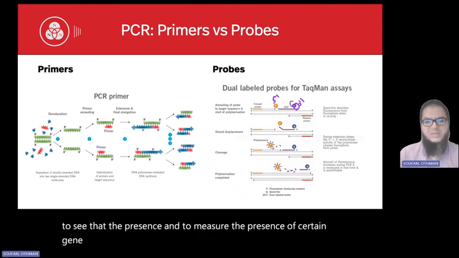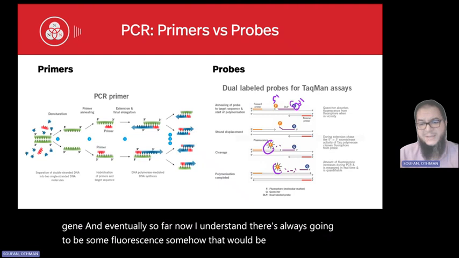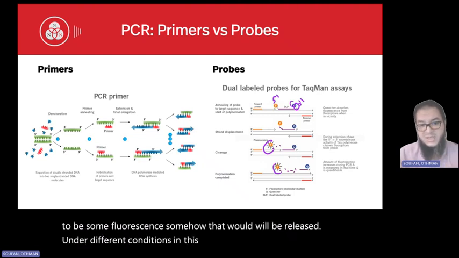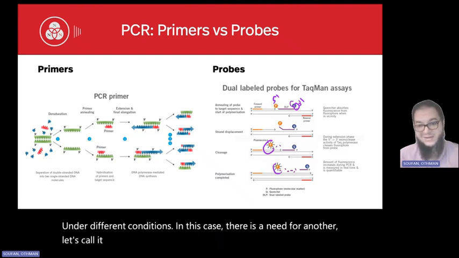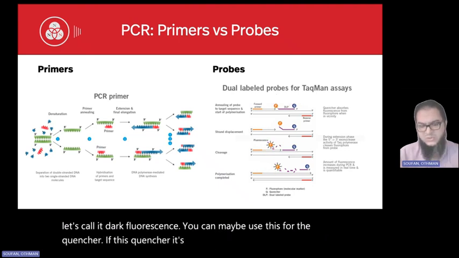There is always going to be some fluorescence released under different conditions. In this case, there is a need for another, let's call it dark fluorescence, which you can use for the quencher. The quencher is more of a chemistry term.